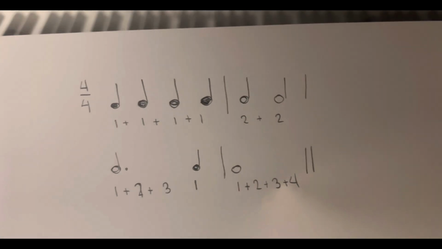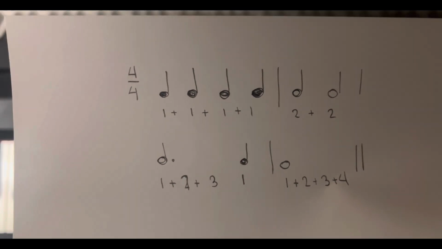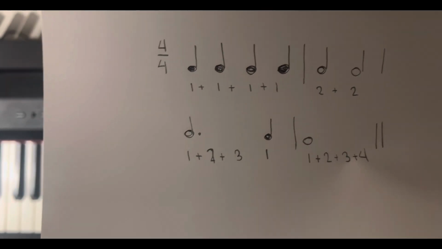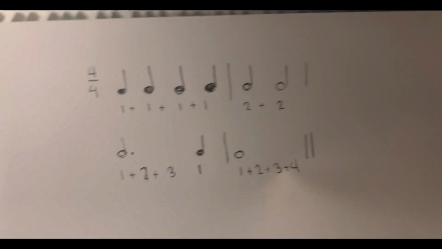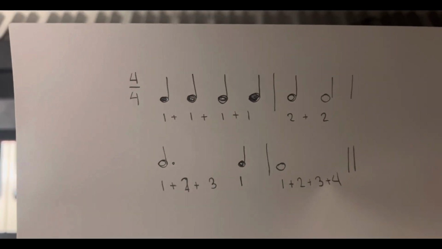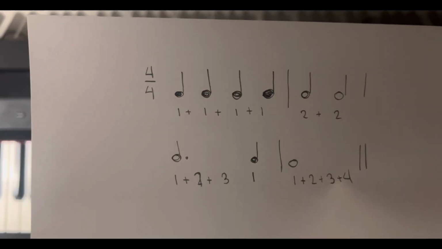Now we have the bar line, and the space before it is a measure, just for clarification. After that, we have the half notes, and we count it as 2 plus 2 equals 4, which is another measure, and we add another bar line.